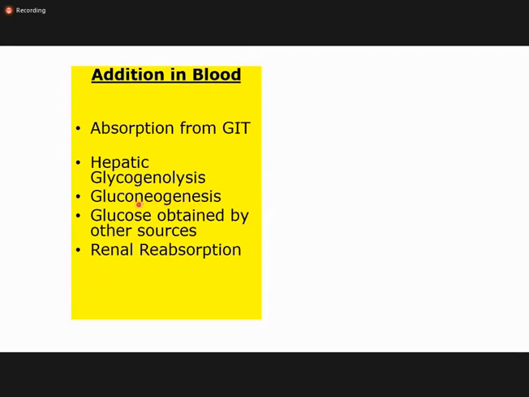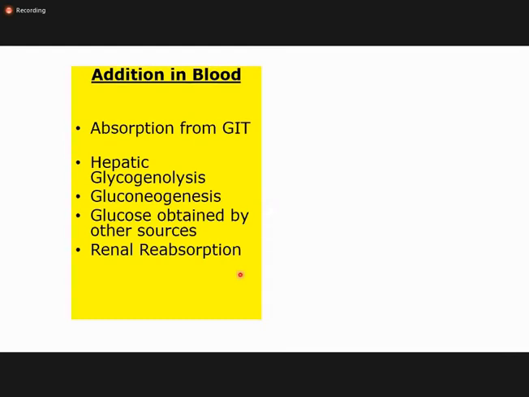Gluconeogenesis, that is the formation of new glucose from non-carbohydrate precursors like lactate, pyruvate, and amino acids. Then glucose obtained from other sources, and renal reabsorption. There are other factors that increase the blood glucose concentration.